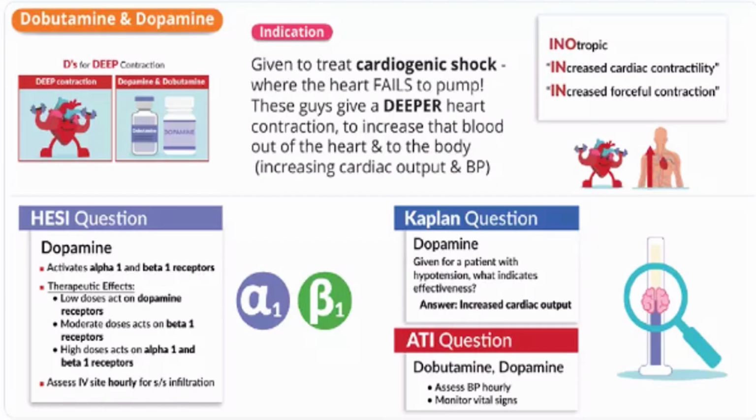For dopamine specifically, we can give low doses of this to increase renal blood flow, which is going to help increase urine output and kidney function. So that would be when given for low doses, but at higher doses is when it's causing the vasoconstriction, okay, and raising the blood pressure.